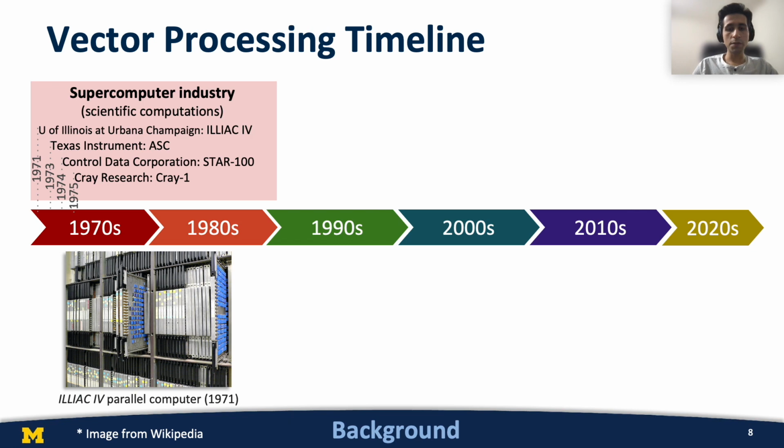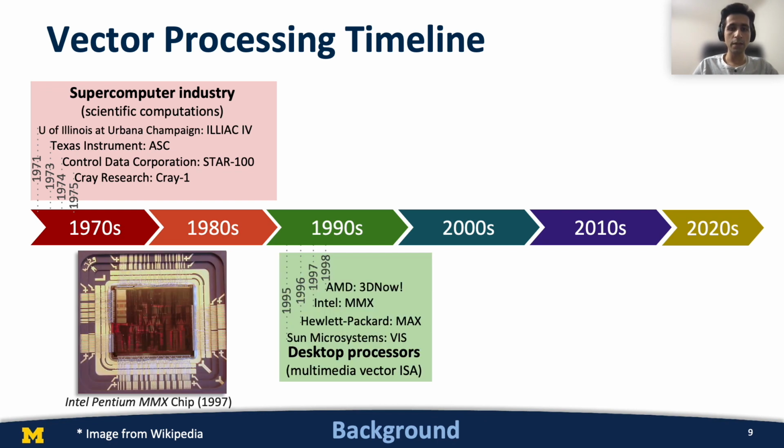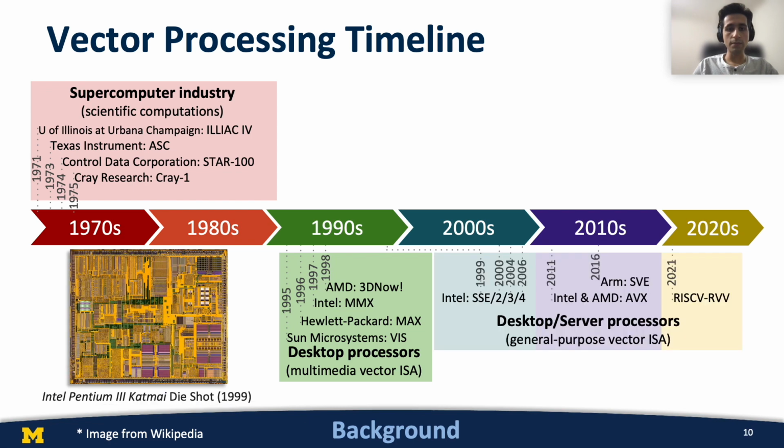Vector processing was first deployed in supercomputers for high-performance computing workloads in the 1970s and 1980s. Due to the high data-level parallelism of multimedia workloads, multimedia instruction set architecture extensions were introduced in the 1990s.